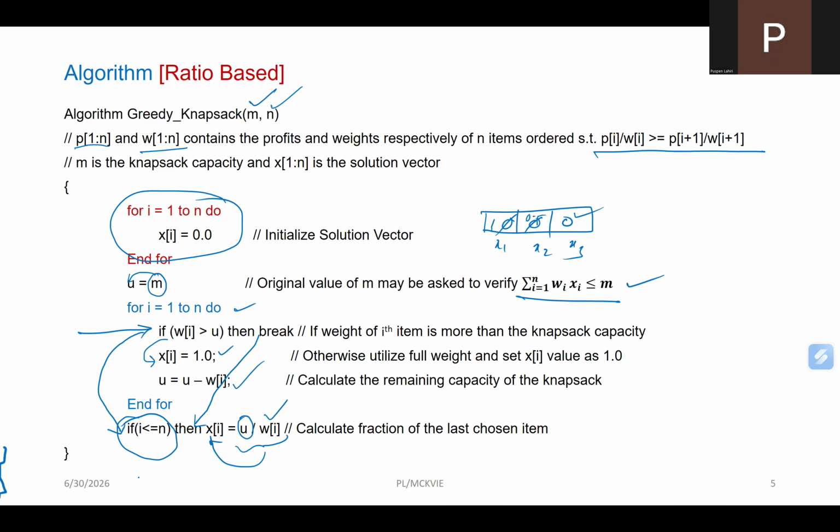So if it is within the total number of items, you have to calculate the fraction of that particular item whose weight crosses the capacity of the knapsack. So you have to calculate the fraction of the last chosen item. I am repeatedly telling, last chosen item. And that is why I told you that when the fraction comes, you are about to close the method, because you have identified this is the last item after which no items can participate.